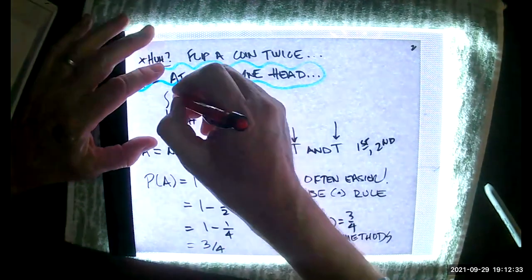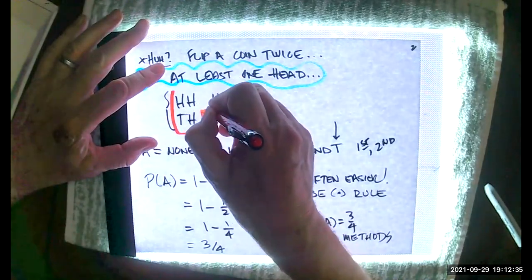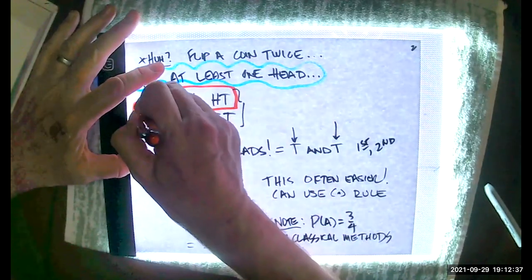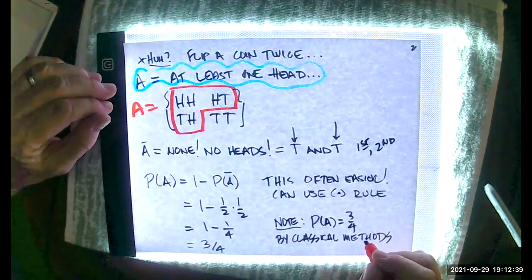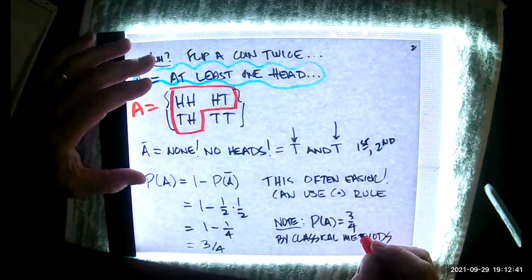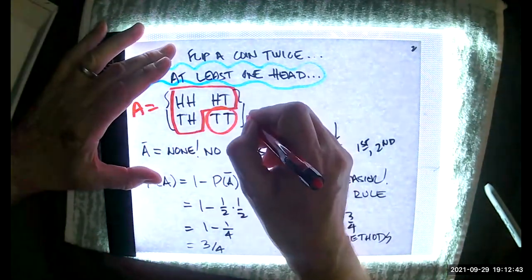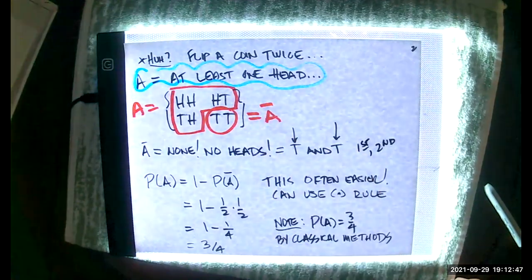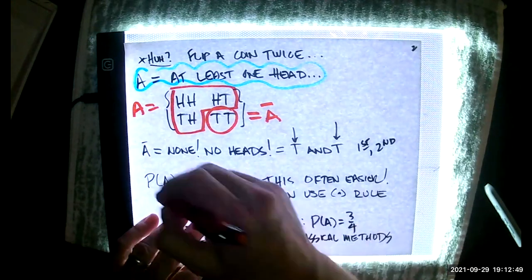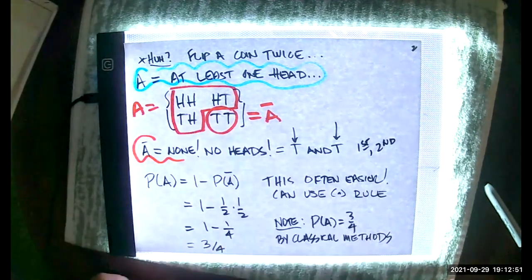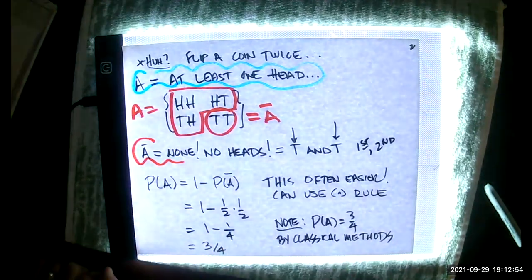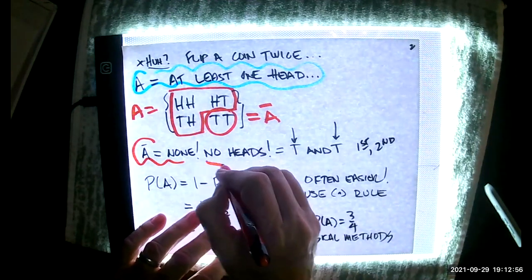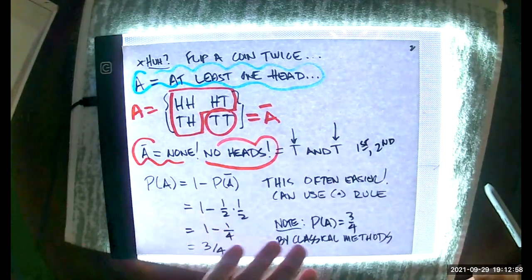The outcomes with at least one head are these right here. The outcome with no heads at all is the complement. So I will note that the complementary event means none, no heads at all.